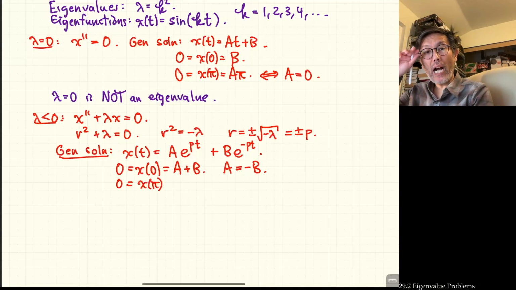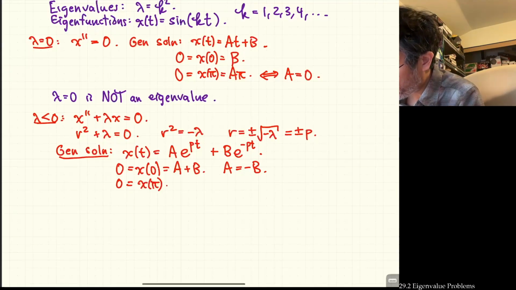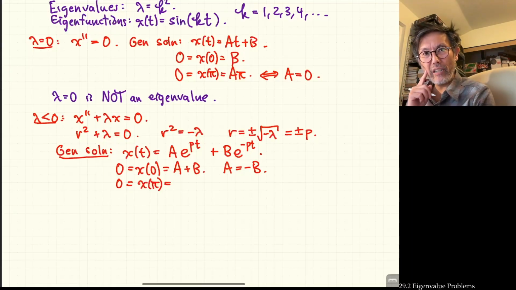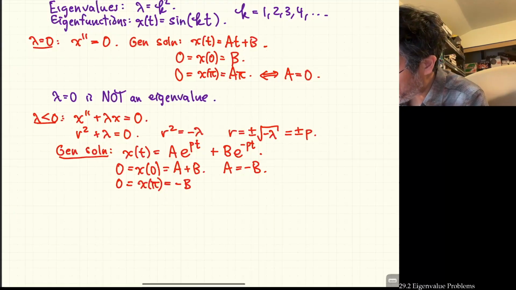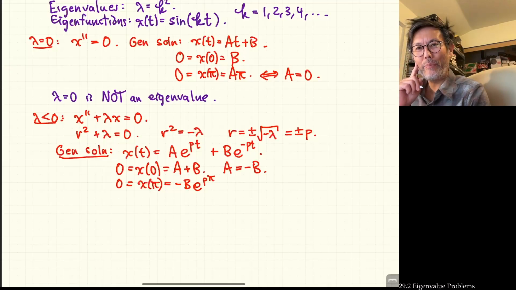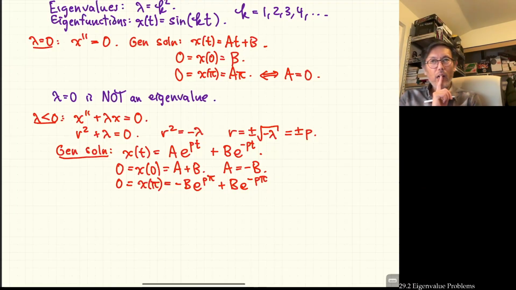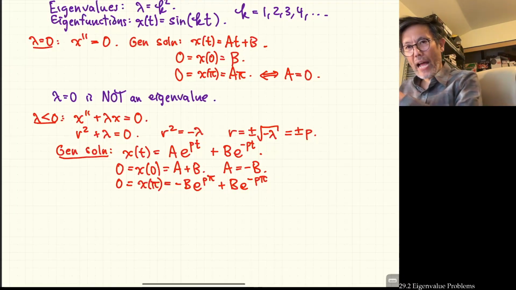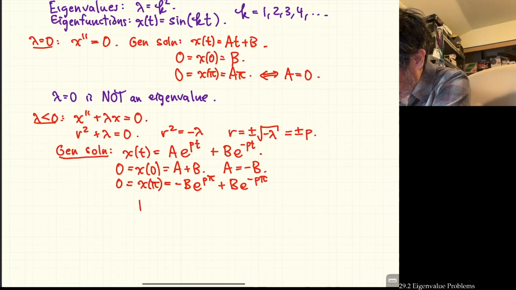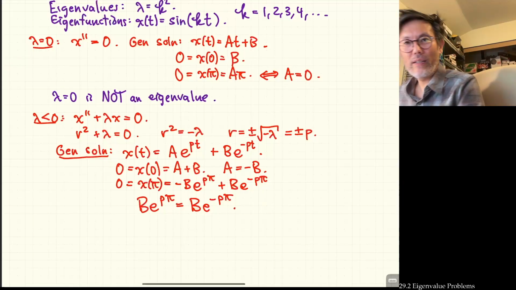Now, if we plug in pi into x of t, and we incorporate this fact that a is equal to negative b, then we learn that negative b e to the p pi plus b times e to the negative p pi is 0. Now I'm going to add b e to the p pi to both sides, and I learn that b e to the p times pi is equal to b e to the negative p times pi.